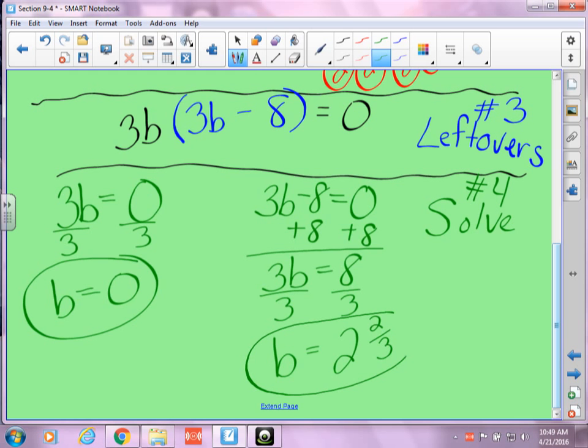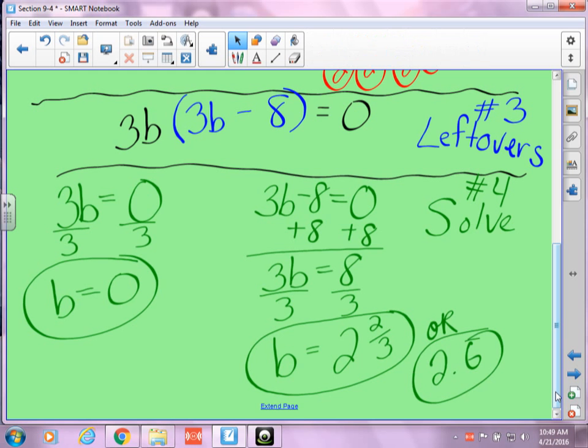Yeah, and you can either do that or you can say 2.6, but it has to be repeating. Either or. I tend to do fractions just because I find it easier, but you might not. Okay? So the parabola crosses the x-axis at 0 and at 2 2/3.